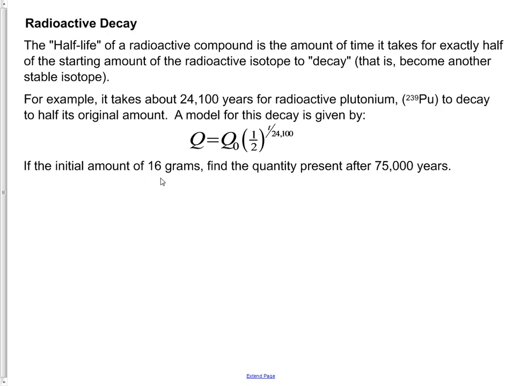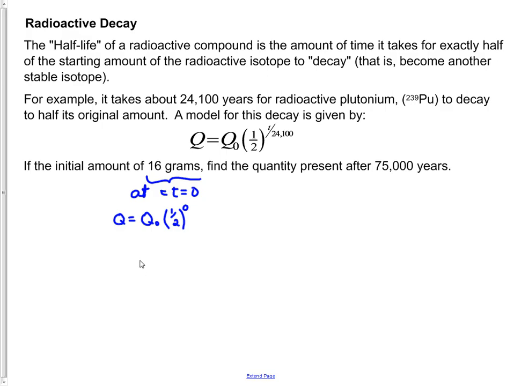So if we had an initial amount of 16 grams, what would that mean? Well, this 16 grams right here is the amount that we get at time t equals 0. So for our function, we could say Q at time t equals 0 would be equal to Q0 times 1/2 to the 0 over 24,100.